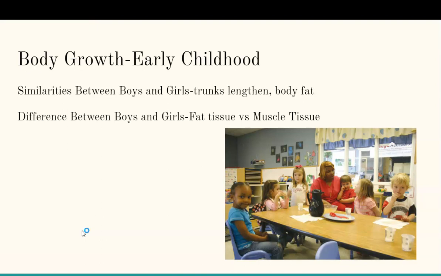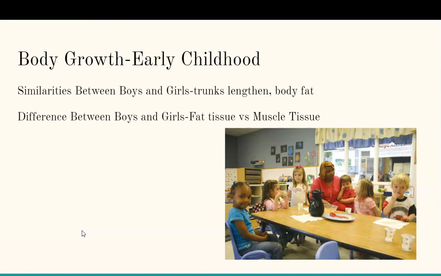And now during early childhood, their trunks are lengthening to catch up to the size of their head. And also body fat declines, which means that boys and girls slim down during early childhood. Compared to when they were infants, they may have been a little pudgier, but now their bodies are starting to slim down because the body fat is decreasing.